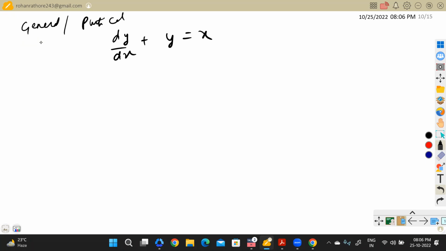In case of a general solution, sometimes they just say solve the differential equation. Whenever you just solve the differential equation, you're definitely going to get a general solution.